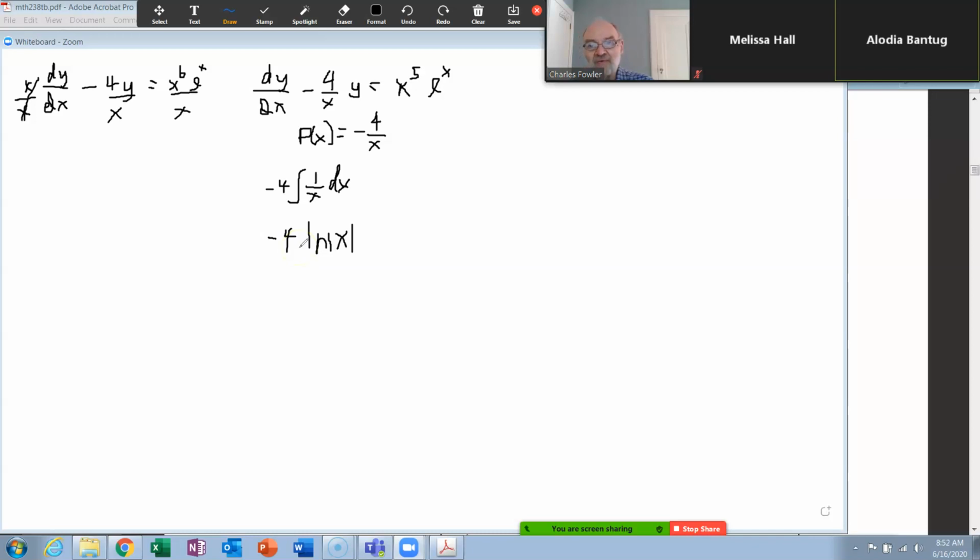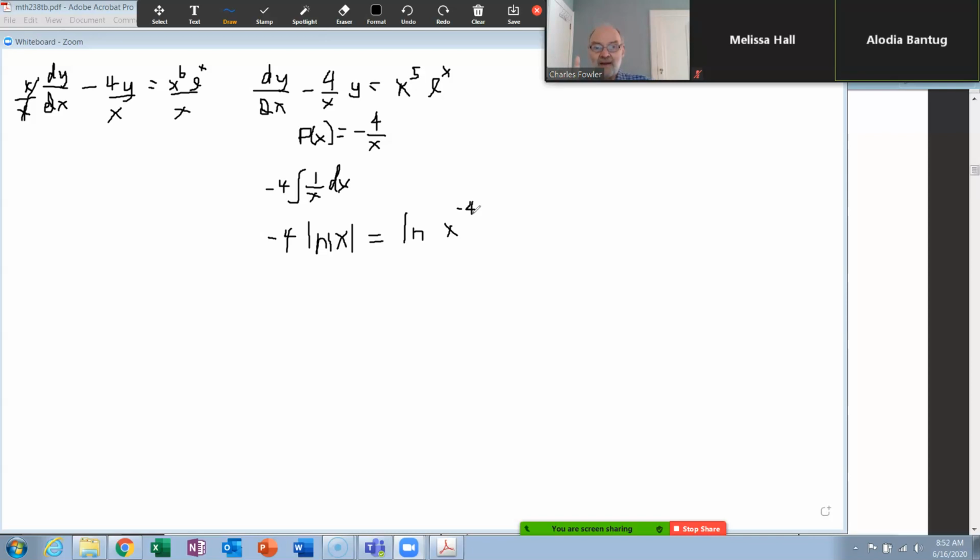Now, what rule of logarithms allows you to do that? Do you remember what this is equivalent to? A times log x is the same as log of x to the minus fourth power. You remember that one?